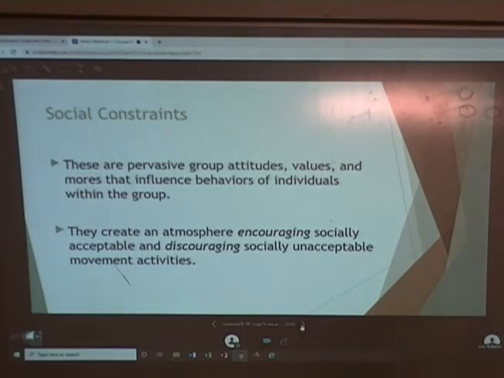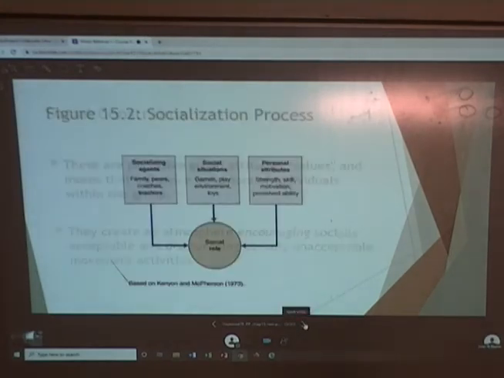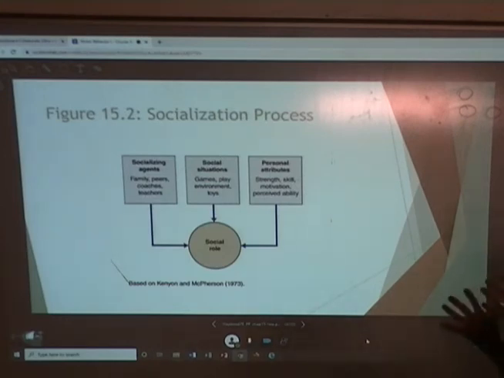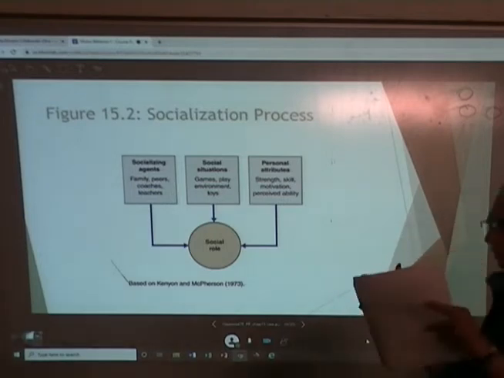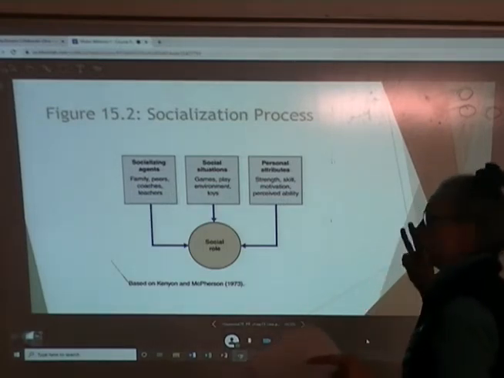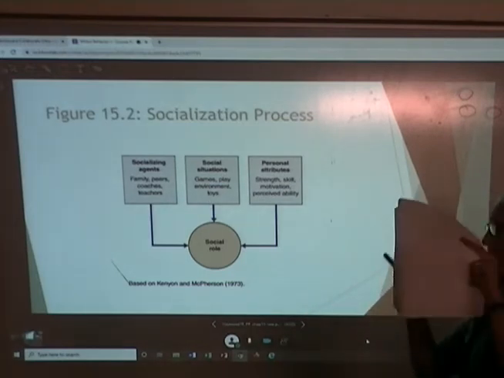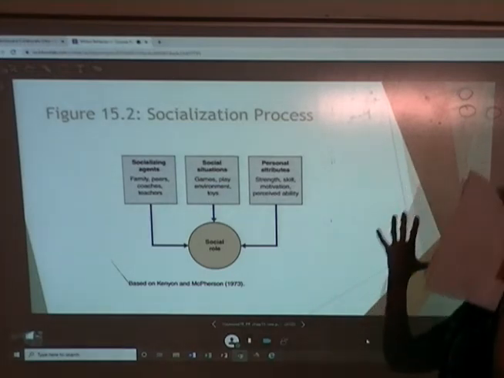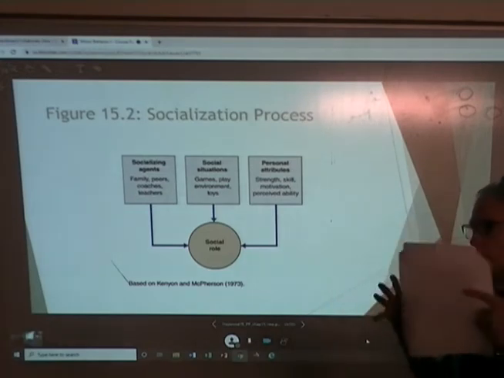So this socialization process is ongoing. It goes all the time. Again, we're not really aware that it's happening a lot of the time. Learning my role within my culture or my society is built on 3 factors that interact and create my understanding of who I am in this role.